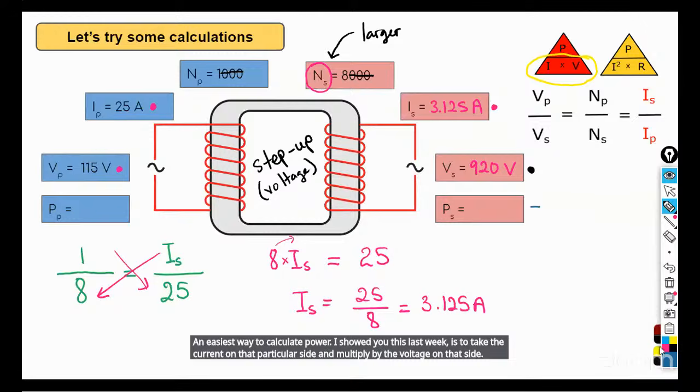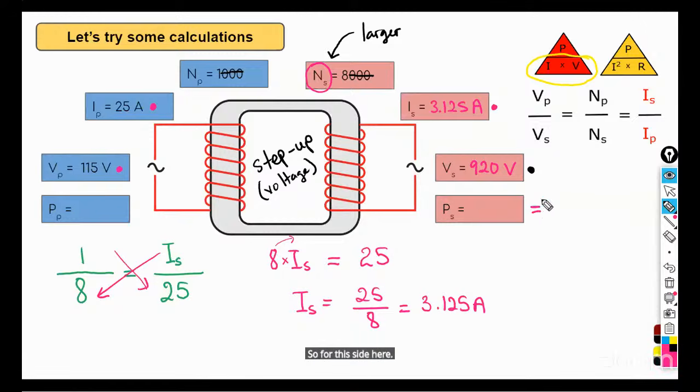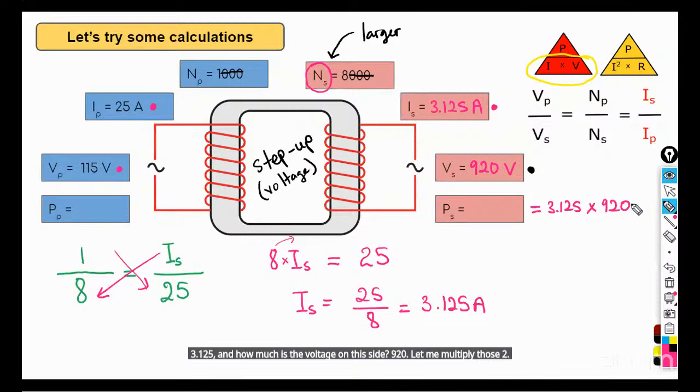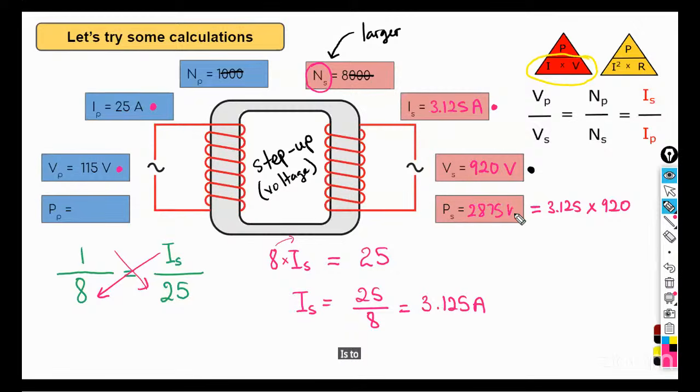So for this side here, what's the current on this side? 3.125. And how much is the voltage on this side? 920. Let me multiply those two. 3.125 by 920 is 2875. And I put capital W because power is measured in watts.